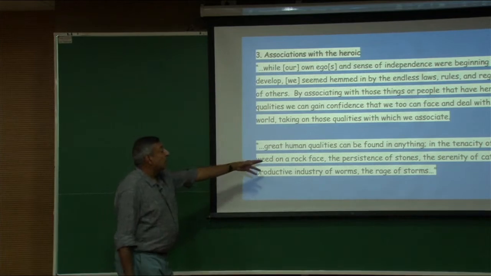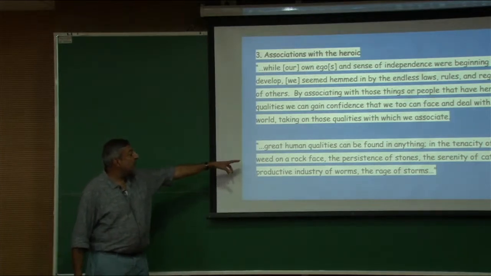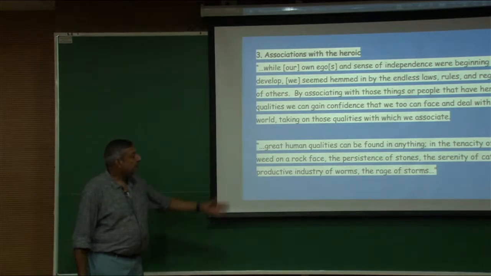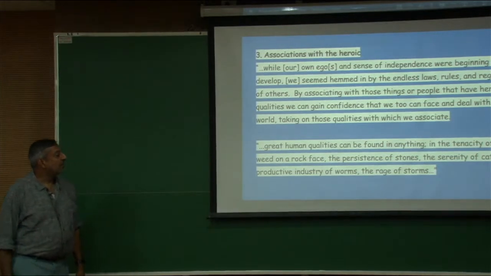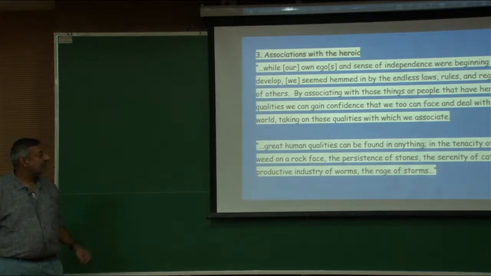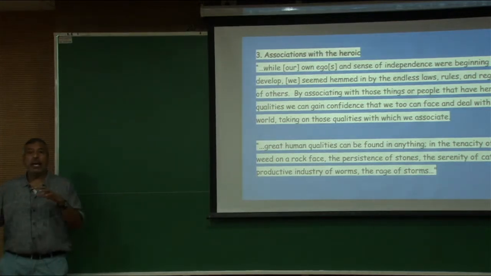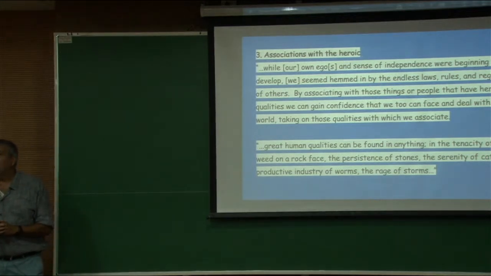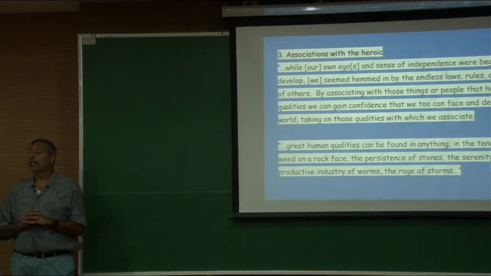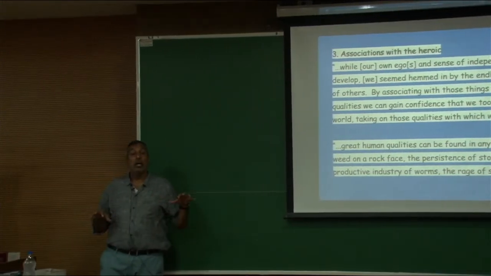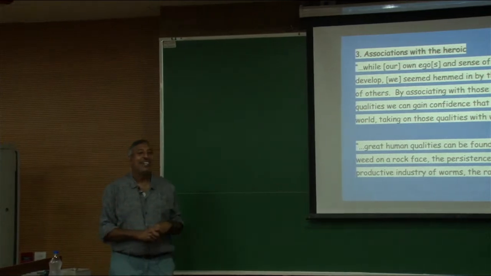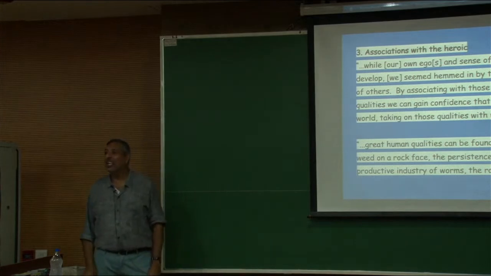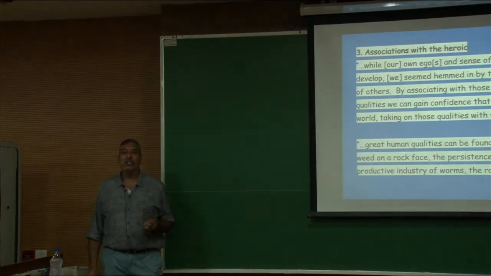So some of these examples, like for example, the tenacity of that weed on a rock face, the persistence of stones, the serenity of cats, etc. So it's basically anything that can be associated with that heroic quality can work really well in teaching about the environment.